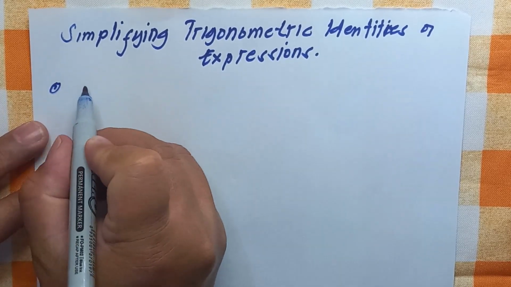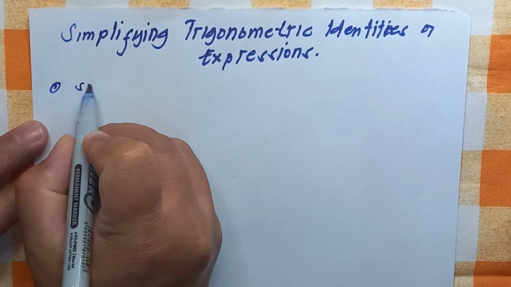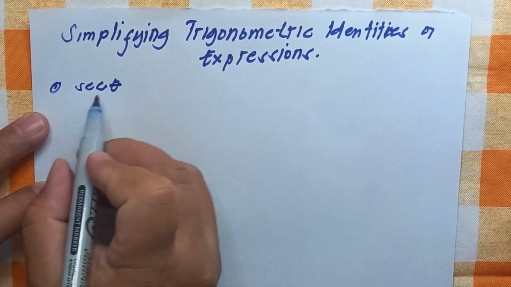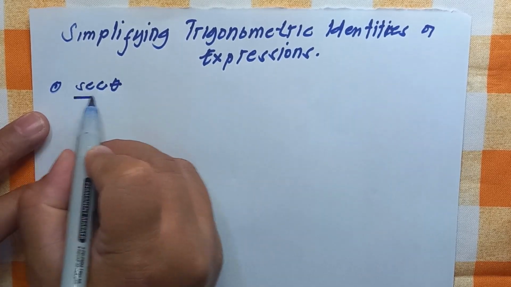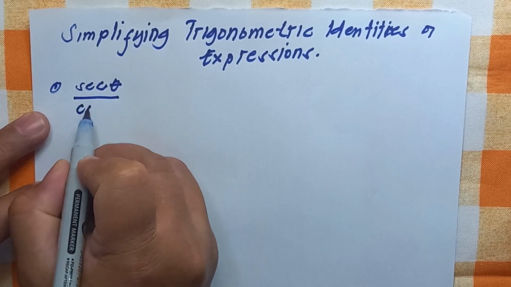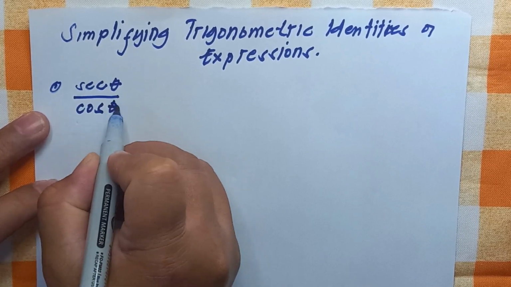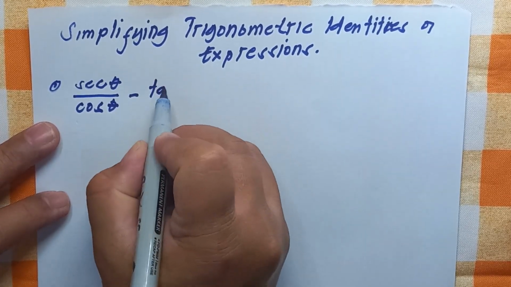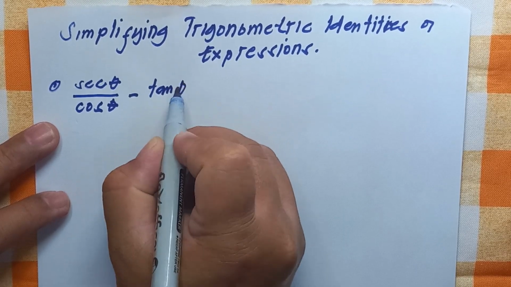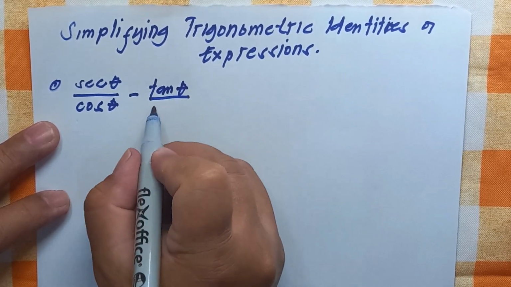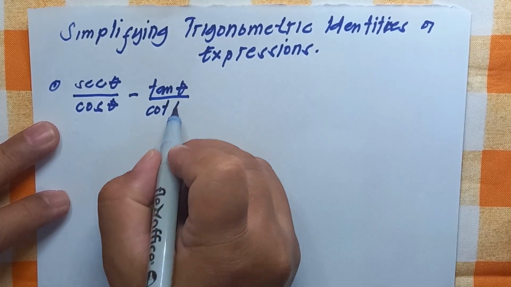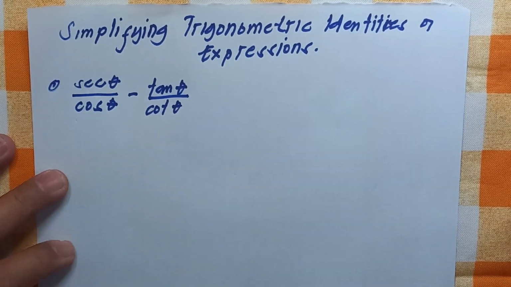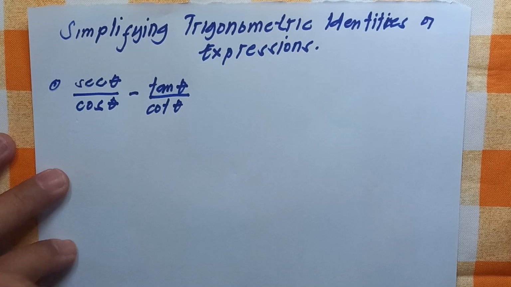So such as we have in here the problem, secant theta over cosine theta minus tangent theta over cotangent theta. Okay, so now our objective in here is we are going to simplify this one.